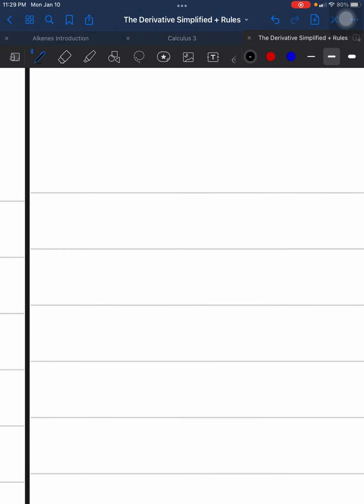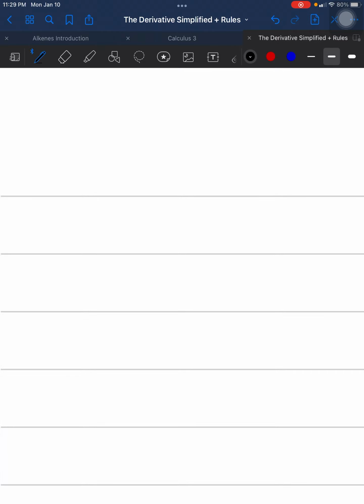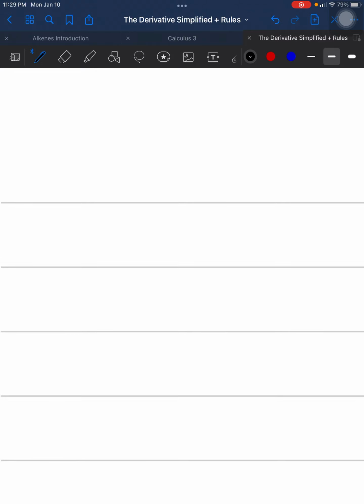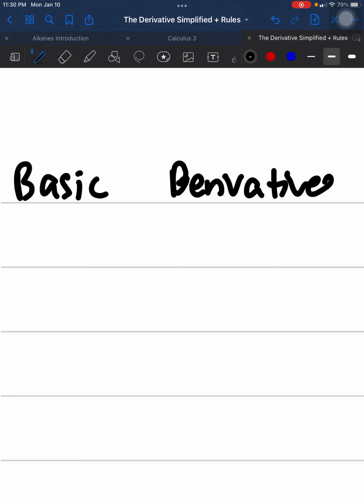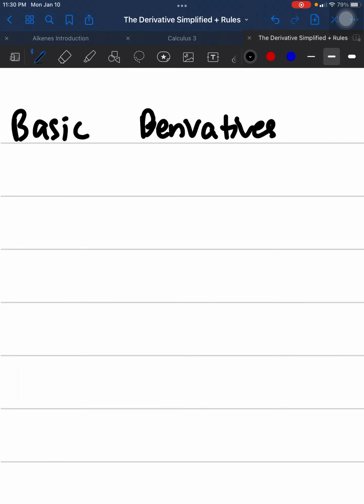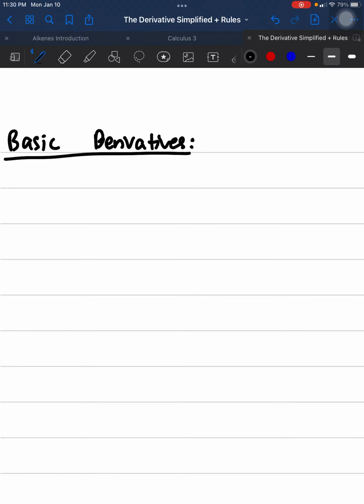So I'm just gonna give you guys a quick list of some of the basic derivatives. And once again, what I went over before, those were basic properties of the derivative that you're gonna see a lot, and they're basically ingrained into problems, and you just need to know when to use them.